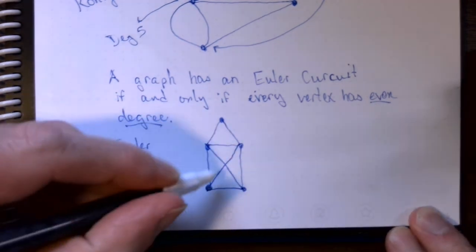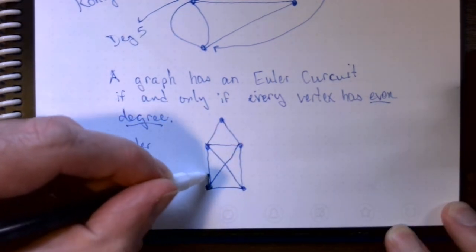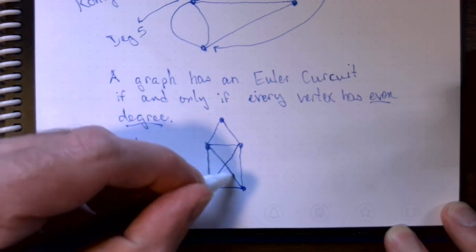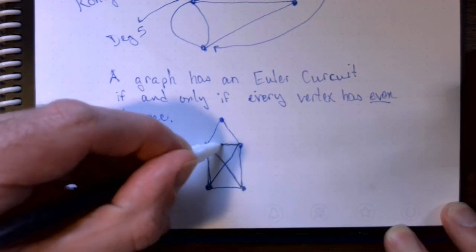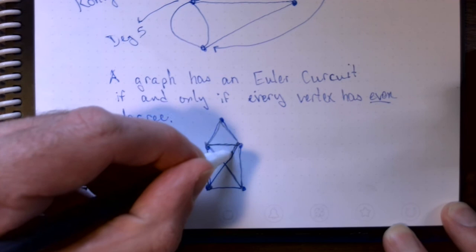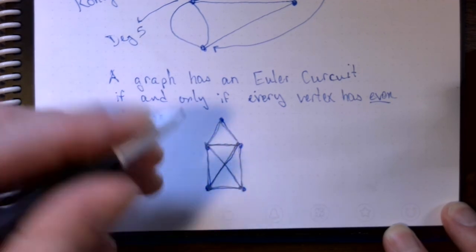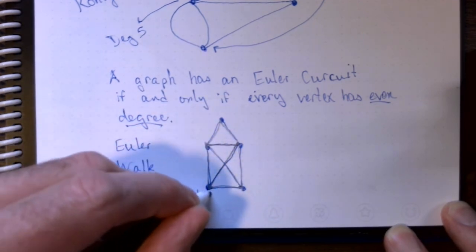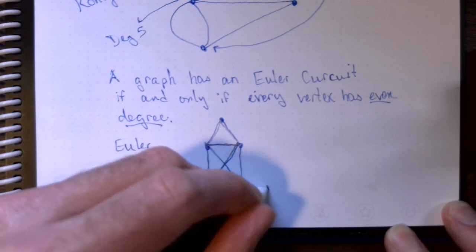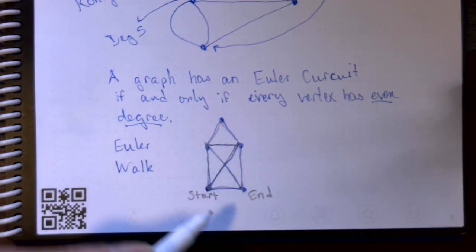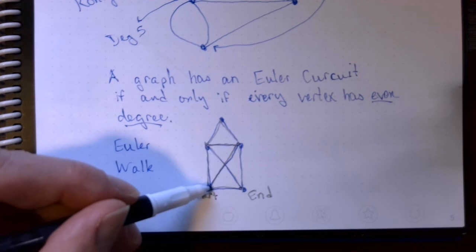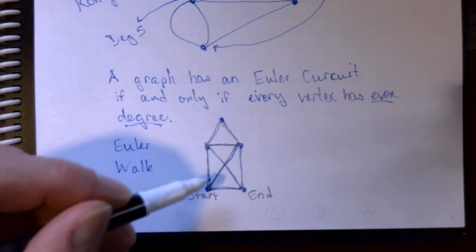All right, so you'll notice, okay, I go something like this, up, down, up. So you'll notice I traced over each edge exactly once, but if you checked me out there, my starting point was over here, my ending point was over here, right?